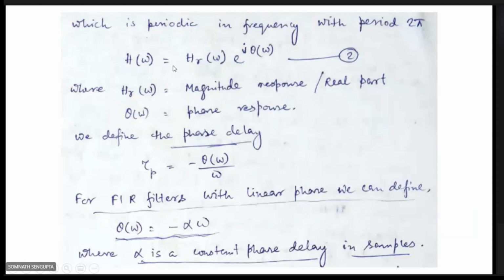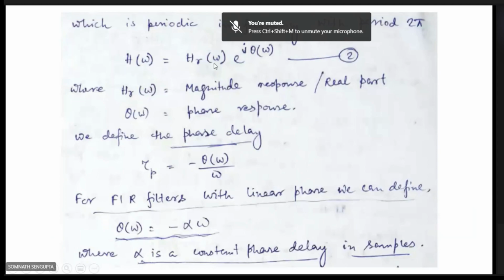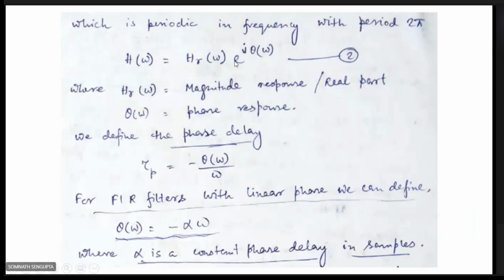We can write H(omega) in the form of magnitude and phase: H_r(omega) into e to the power j theta(omega). This theta(omega) represents the phase angle of a particular harmonic, a particular frequency omega, with magnitude H_r(omega).